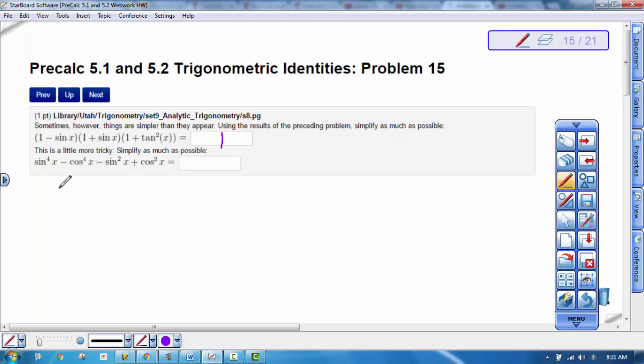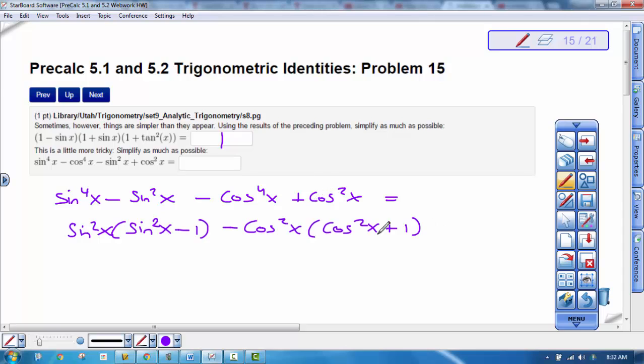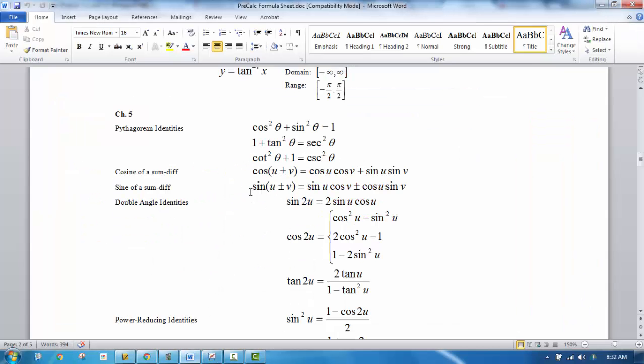Okay, the next one's a little trickier, but I'm going to rewrite this as sine to the 4th. Combine the terms, get the terms together. So you get this, and then I'm going to factor out a sine squared from both of the first two terms, and a cosine squared, actually a negative cosine squared, from the second two. So you get this right here. Now I'm going to simplify. Sine squared of x minus 1, according to our Pythagorean identities on our formula sheet, would be negative cosine squared. You have to move this over and subtract 1 from both sides.